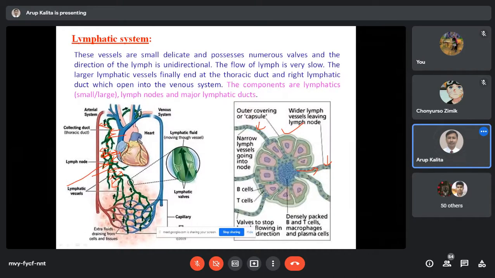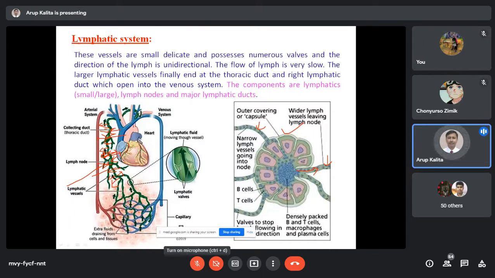Then there will be fewer lymphocytes in this area because it has distributed them. Then it again enters the next lymph node, and this vessel is efferent for this lymph node. When it is efferent, again the concentration of lymphocytes will be higher. Again it will distribute. Like that it will move in the body towards the heart.